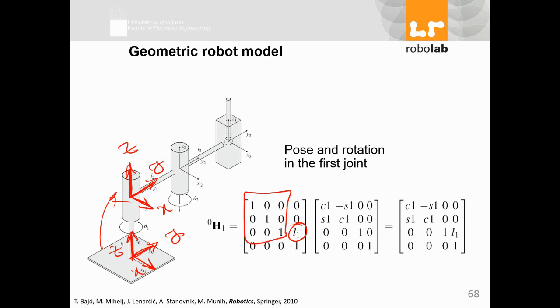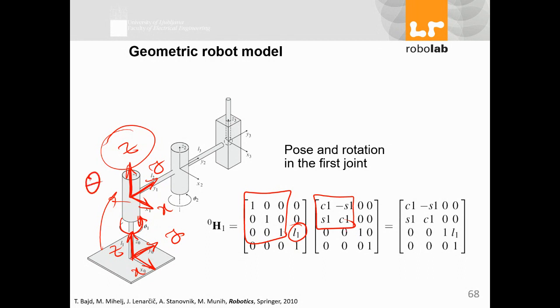without any rotation, multiplied by a rotation which is possible because of the rotational joint. This rotation will be around the z-axis. Therefore, what you get is the rotation around the z-axis, depending on theta.